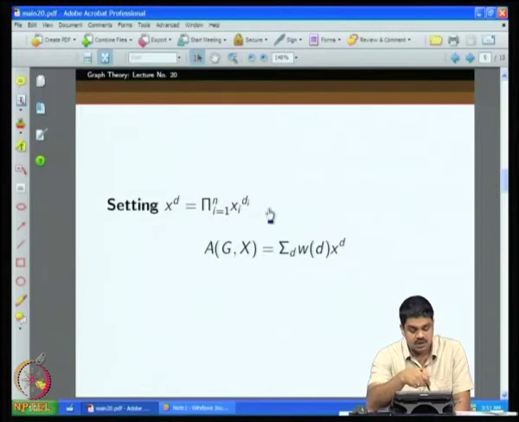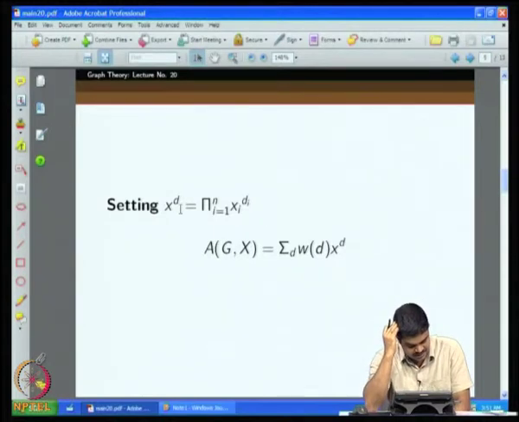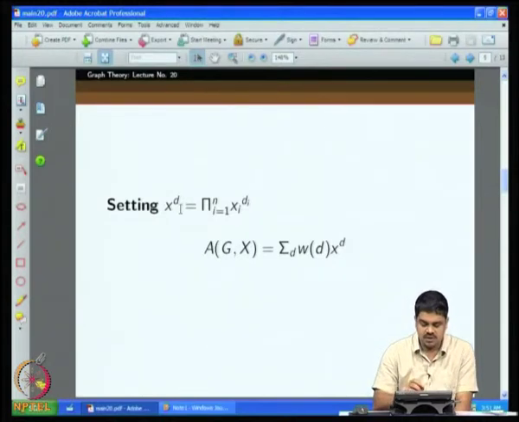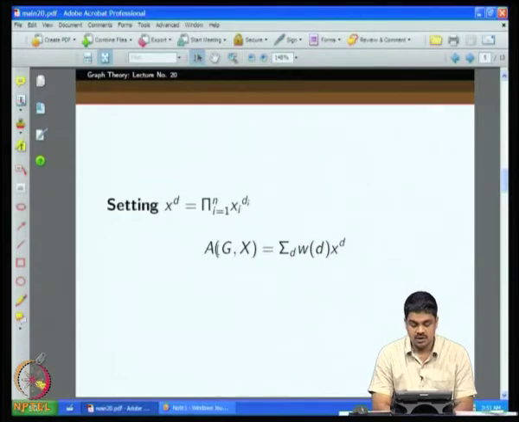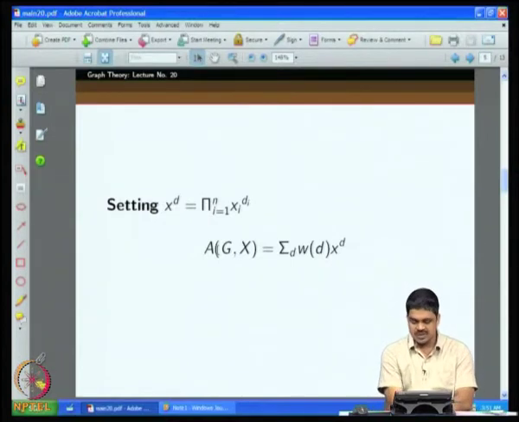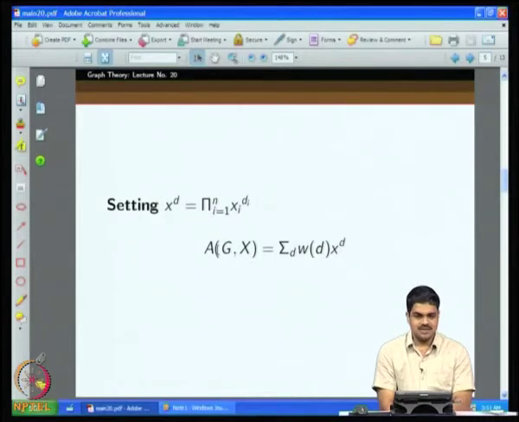This monomial's short form is x raised to d. Then we can write this polynomial as the sum over all possible degree sequences of the weight of the degree sequence, it need not be plus or minus 1, it can be something else also, times that x raised to d, that is the monomial. This is the way we can write it.